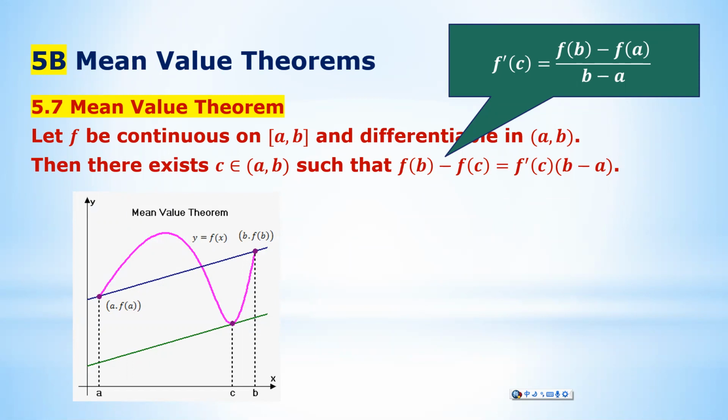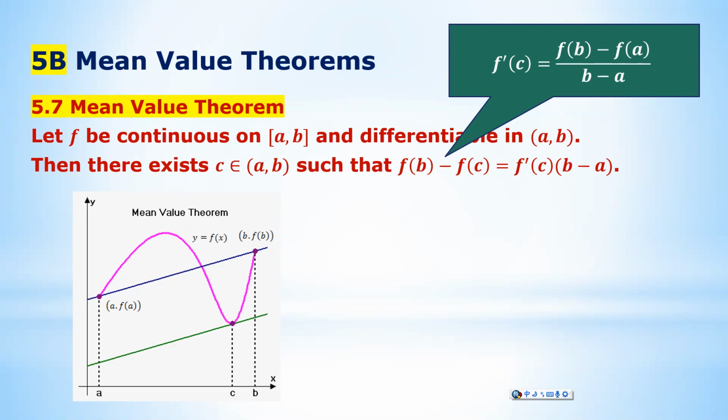Now if you compute the slope of this secant line, the slope means the change of y divided by the change of x. The change of y is just f(b) minus f(a). The change of x is b minus a. Take the ratio. So this is exactly equal to the ratio on the right side, which corresponds to the slope of this secant line.